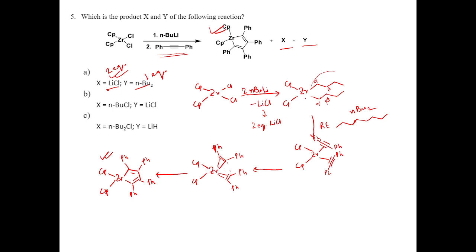The only thing is that two of these n-butyl groups will conjugate and do the reductive elimination reaction, and go out from this metal complex. So have you understood this? If yes, then we can go to the next question.